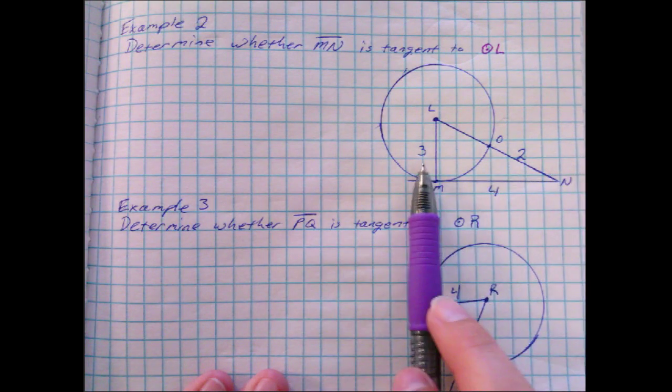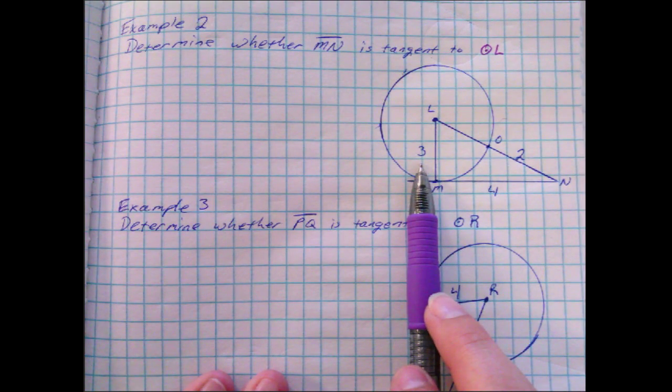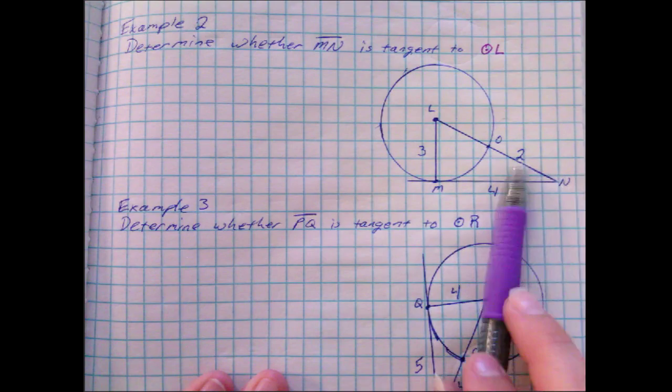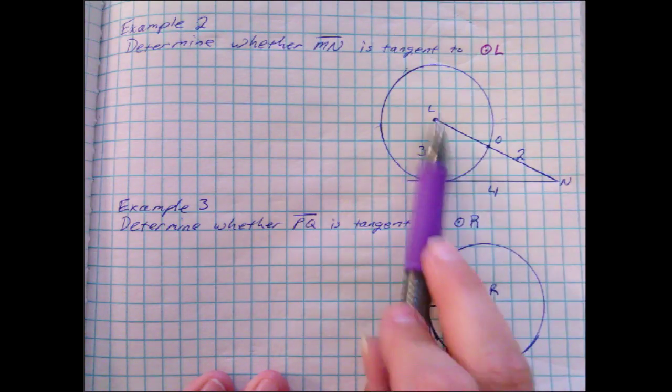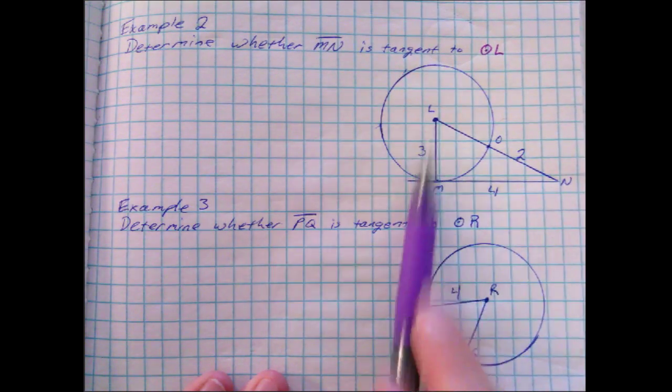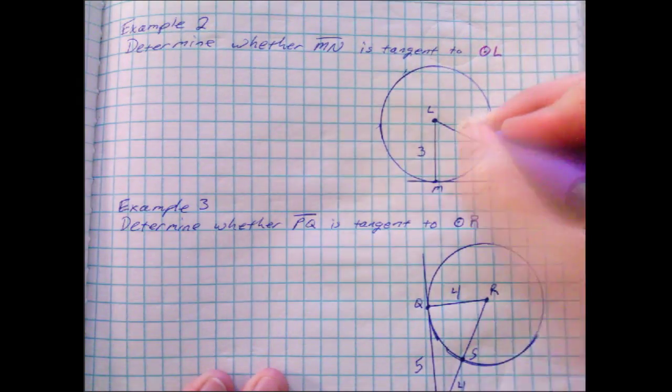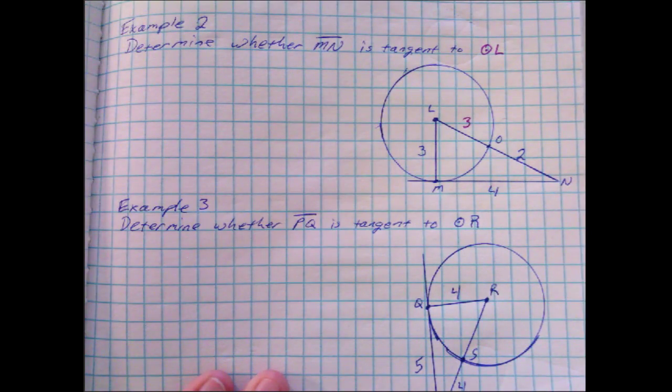Alright, so if we look at this picture, you'll notice that ON is 2, but they didn't tell us LO. Well, we know LO because that is a radius, and so is LM. So if LM is 3, LO must also be 3.